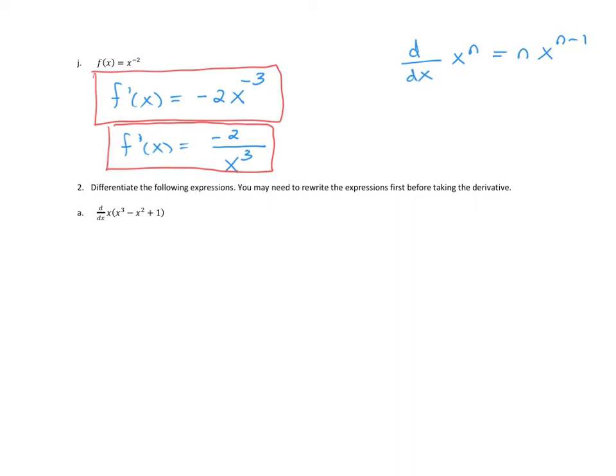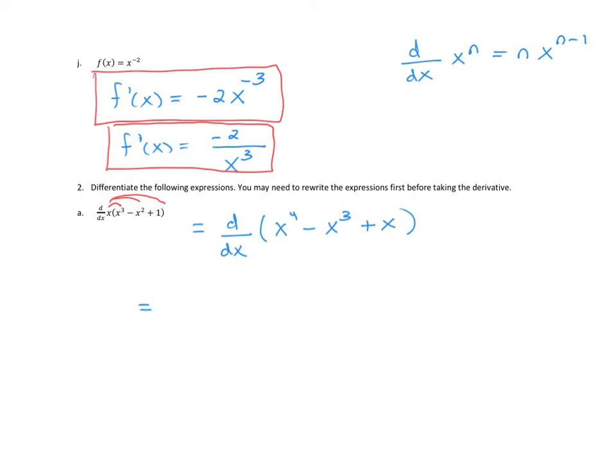So we distribute the x to those three terms, and this changes the problem to, we're really taking the derivative of x to the power of 4 minus x to the power of 3 plus x. So note, we have not taken the derivative yet. We're just rewriting this function so we can take its derivative without using the product rule.